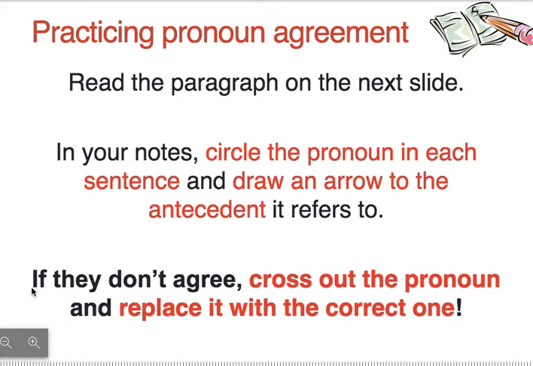Here's the important part. If they don't agree, cross out the pronoun and replace it with the correct one. So they need to agree in number and gender. If they don't agree, you need to fix the pronoun or fix the antecedent. So that is your practice, which will be checked for credit.